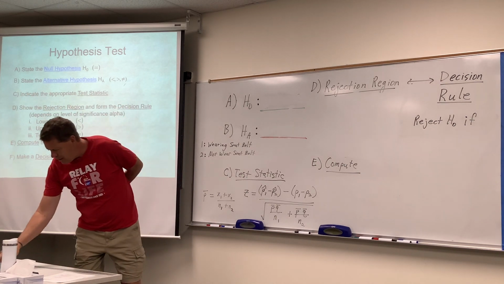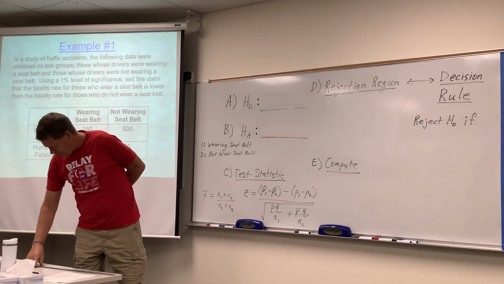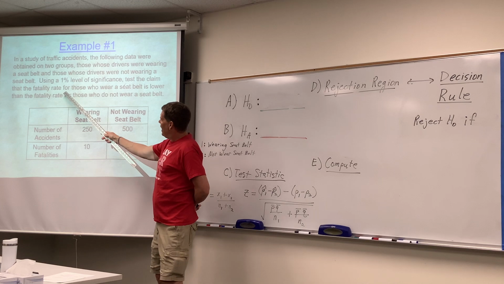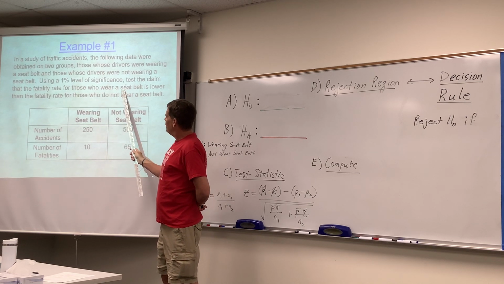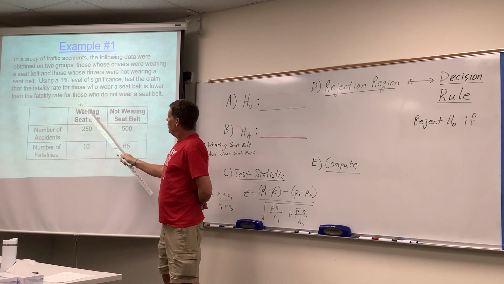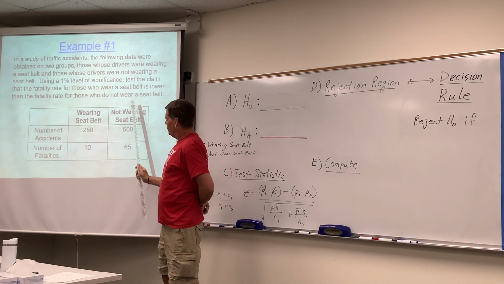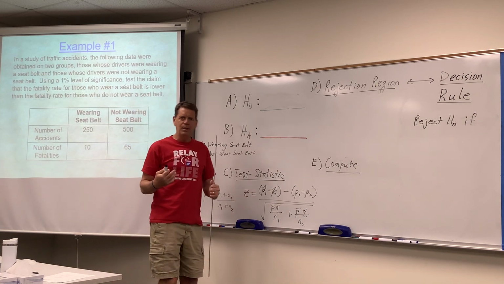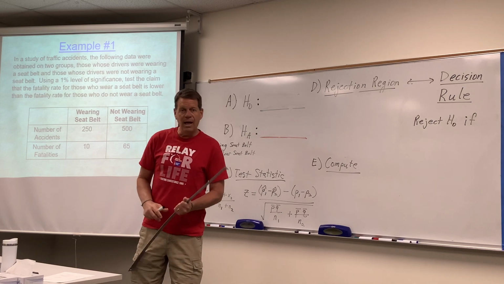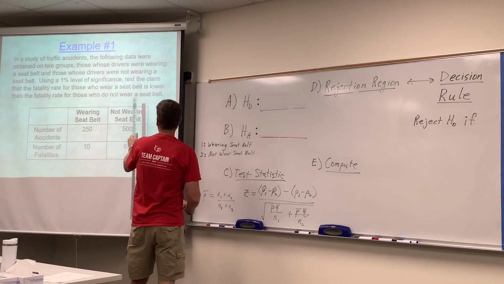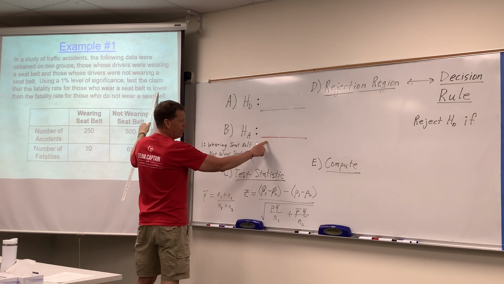And so when we're reading this question, here's the deal. Right here it says, is the fatality rate for those who wear a seatbelt, population number 1, lower than the fatality rate for those who do not wear a seatbelt? So a fatality rate would be a percentage, the percentage of people who wear a seatbelt and are involved in a fatal accident. So that lower would be related to our alternative hypothesis.